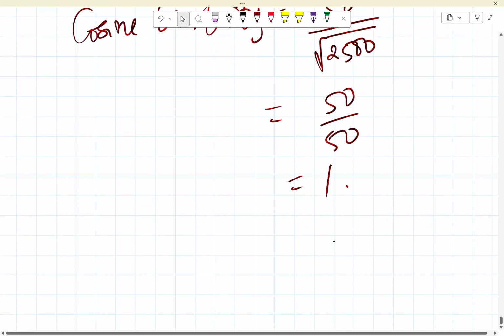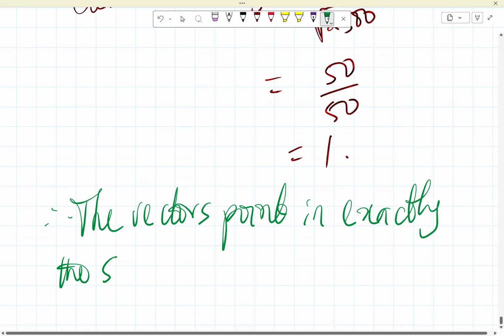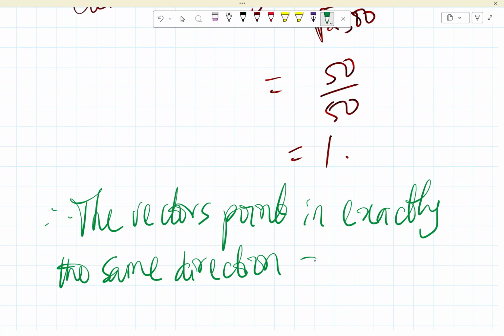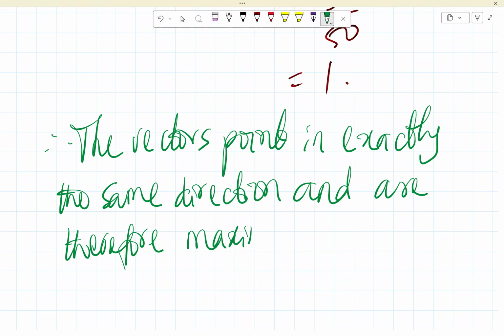So that tells us that the vectors point in exactly the same direction, and are therefore maximally similar.